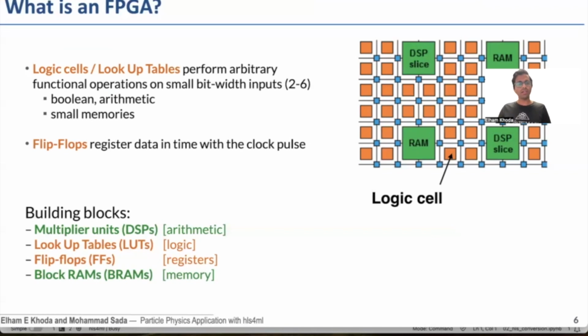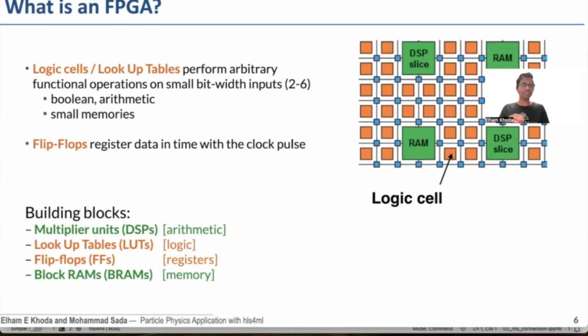The other resource that we have on the board, and a lot of them, are the flip-flops. And flip-flops register data in time with the clock pulse. If you're not familiar with the clock pulse and how an FPGA functions in general, I would say not to worry too much because we can't teach you everything in this short amount of time.